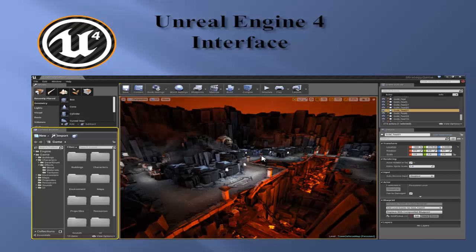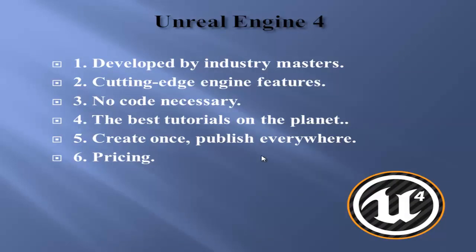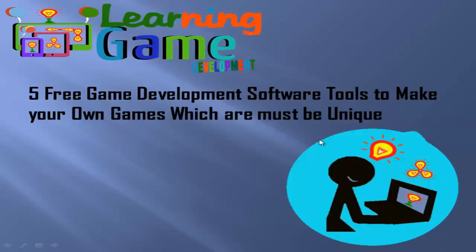The properties are: 1. Developed by industry masters. 2. Cutting-edge engine features. 3. No code necessary. 4. The best tutorials on the planet. 5. Create once, publish everywhere. And last is pricing.